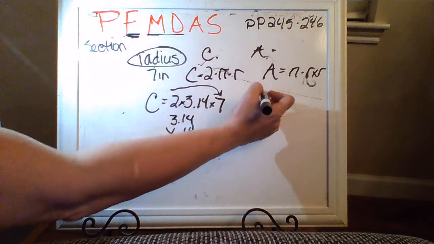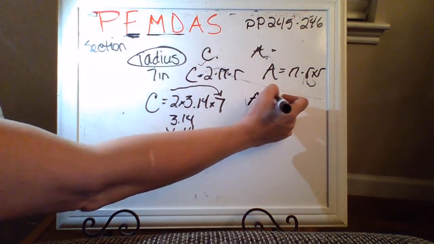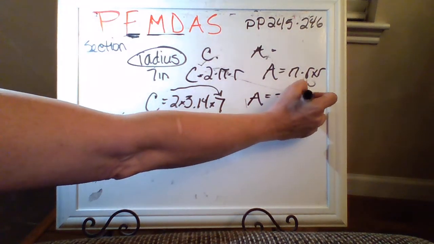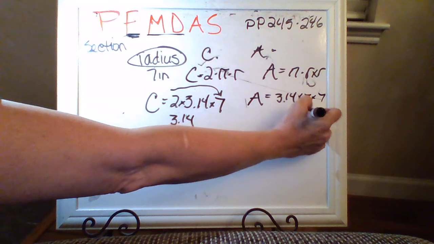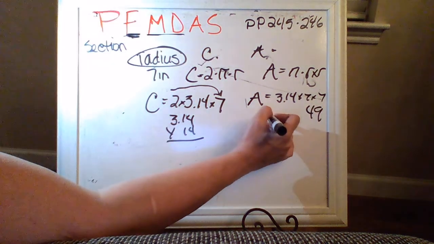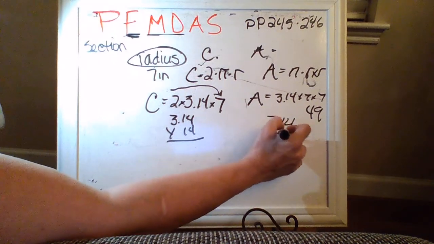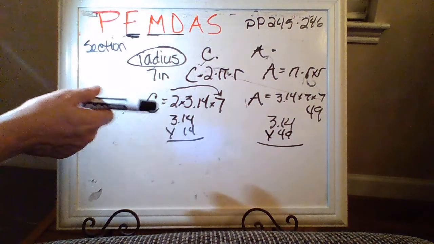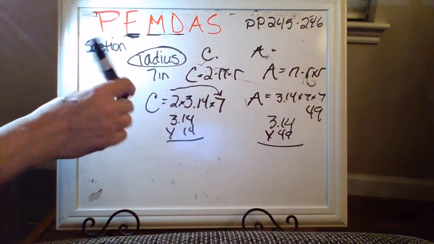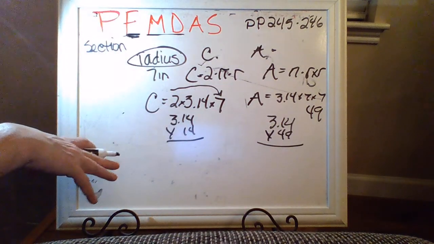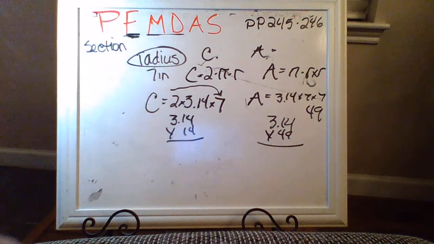Then when you're working out the area, it'll be A equals pi times 7 times 7, which is 49. So that problem will be 3.14 times 49. Once you find the answers to these, just make sure you put the answers in the correct places when you get there.